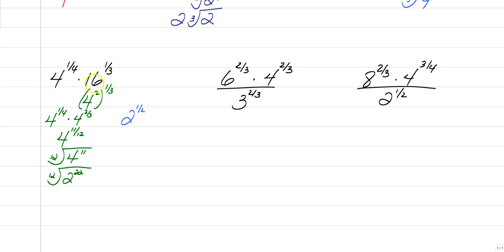And then 16 is 2 to the 4th raised to the 1/3, which is 2 to the 4/3. And then right off the bat, that would get us all the way down to what we need to be, and that would give us 2 to the 11/12. So then you would just take the 12th root of 2 to the 11th, and you'd be good to go.